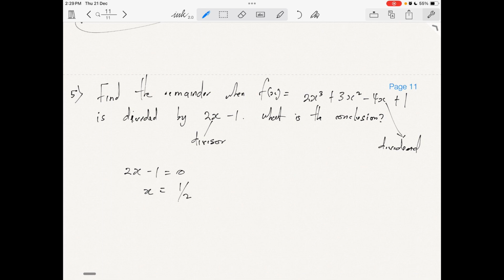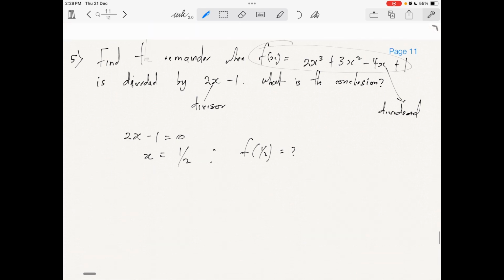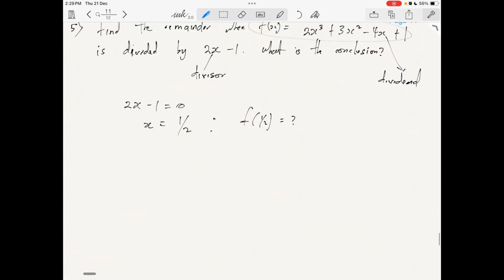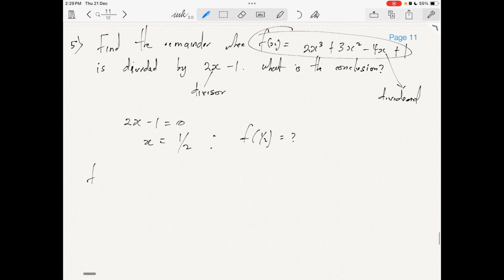So all we have to do is find f of 1 over 2. Remember our f of x is this, so wherever we see x, we substitute 1 over 2. So f of 1 over 2 equals 2 into 1 over 2 cubed plus 3 into 1 over 2 squared minus 4 into 1 over 2 plus 1.